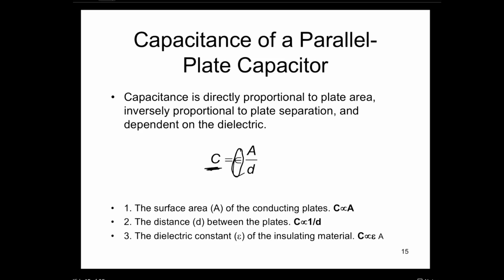There'll be one for air, one for mica, one for ceramic, and plastic, and all the different types of dielectric materials they use have a dielectric constant, and that's what's used in this equation. If you look in your textbook or go online for dielectric constants, you'll find a table that gives values for different types of dielectric material.